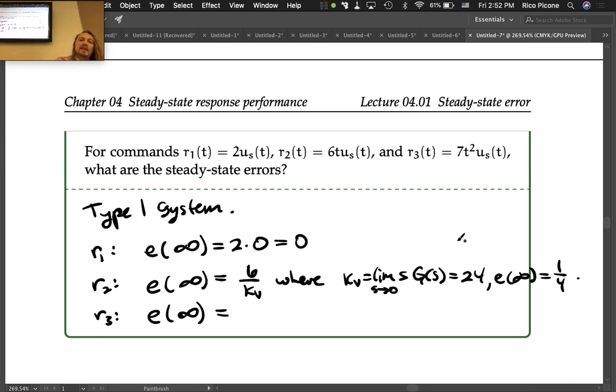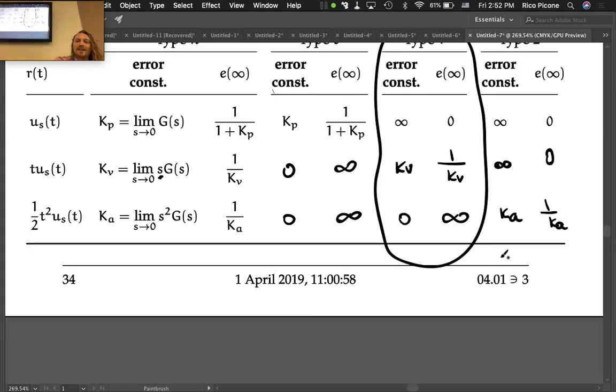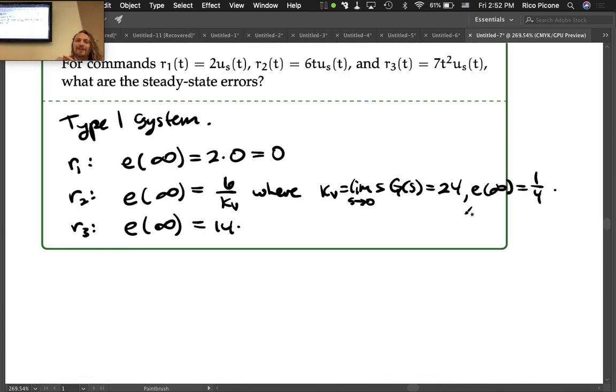So it's 14, but it's 14 times infinity. So in the end, it didn't really matter, the 14. 14 times infinity is just infinity, right? So that's all we got.